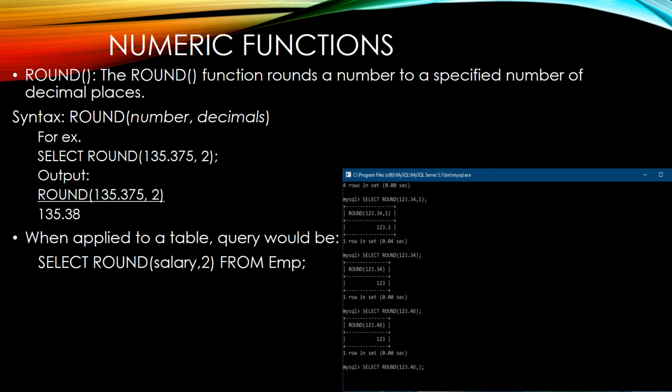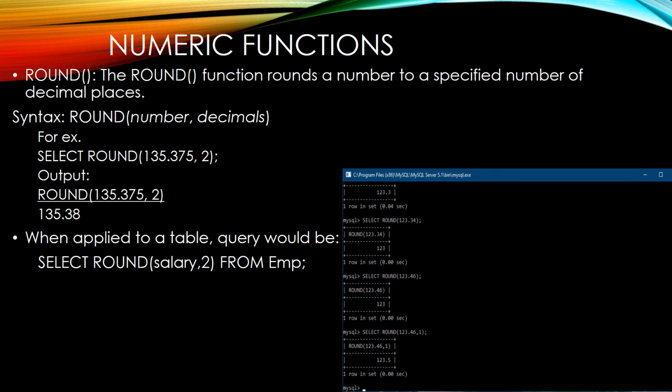Again I am passing the second argument as 1, meaning it will set it to one decimal place. So the output would be 123.5 because it has rounded off its previous value. So this is the working of round function.